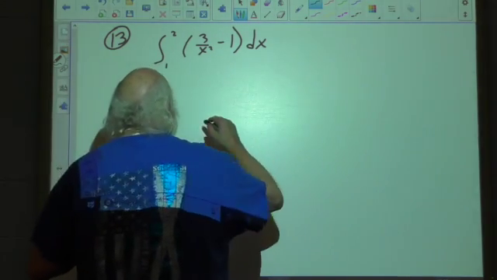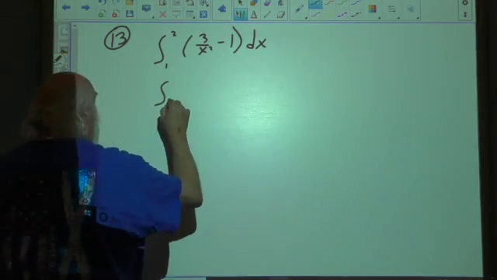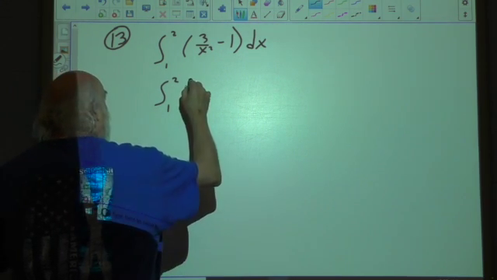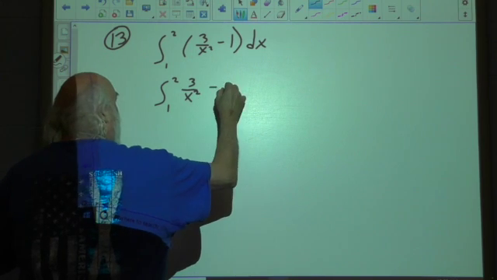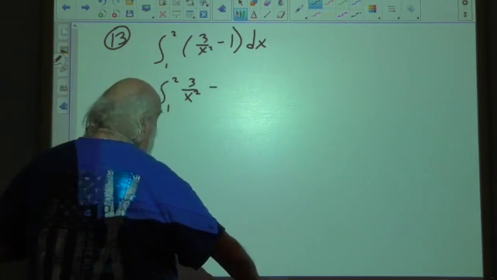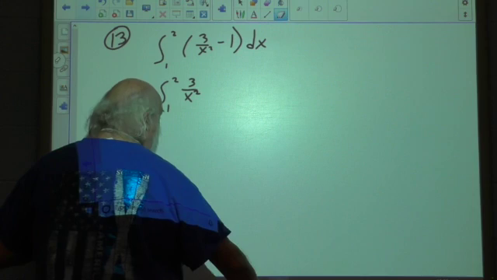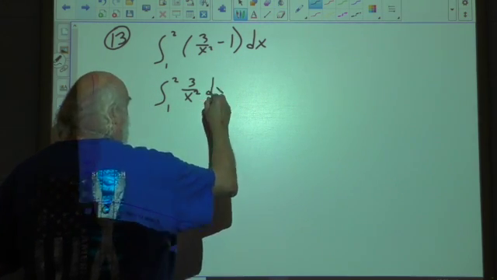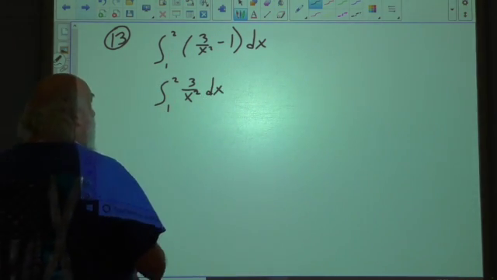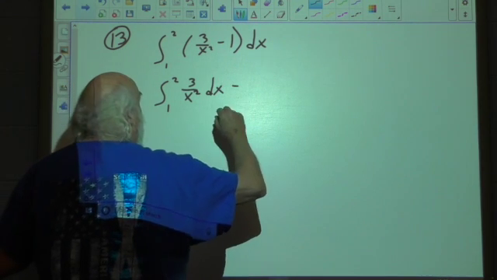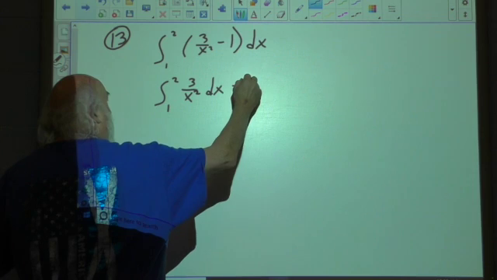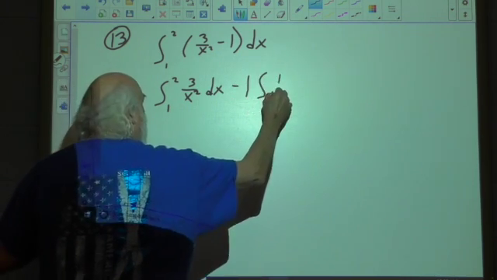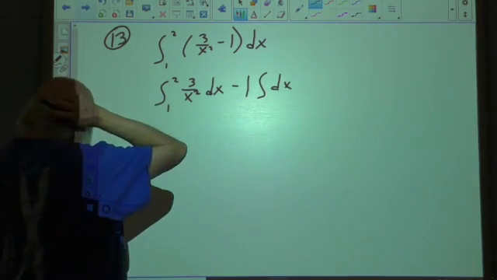So this is going to be the same as the integral from 1 to 2 of 3 over x squared minus, or I should be putting dx effectively. They haven't been integrated yet. So minus 1 times dx.